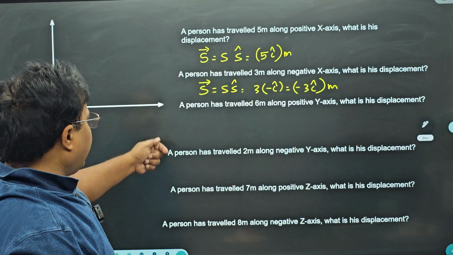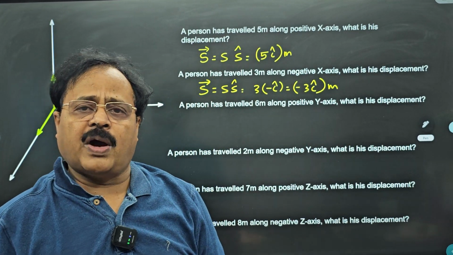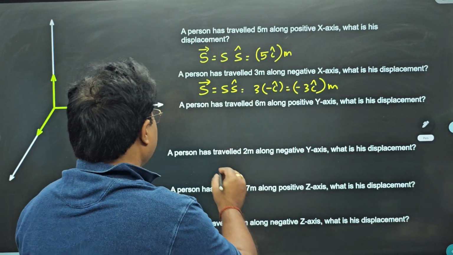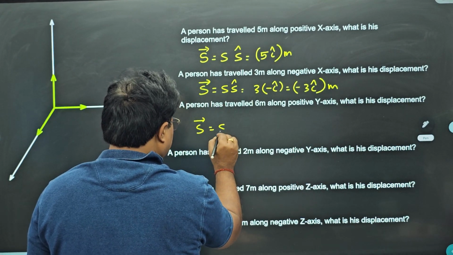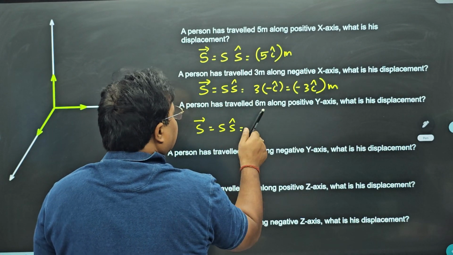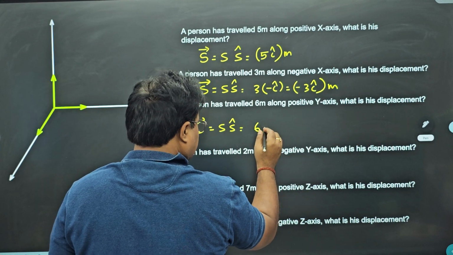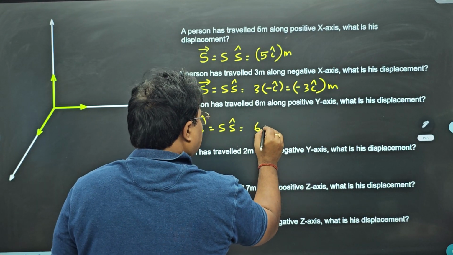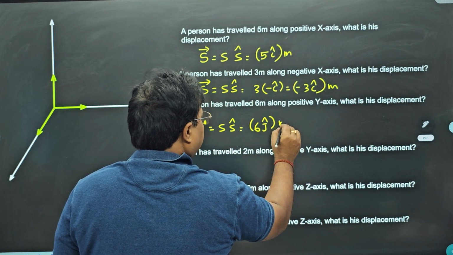Similarly, my dear students, a person has traveled 6 meter along the positive direction of y-axis. What is his displacement? The displacement has two parts, magnitude part and direction part. Here the magnitude is 6 meter and the direction is the positive direction of y-axis. The unit vector along the positive direction of y-axis is j cap. Therefore, this is 6 j cap meter.